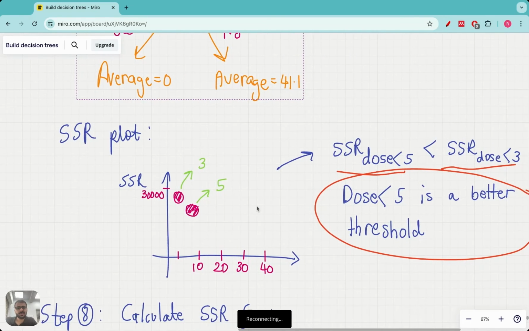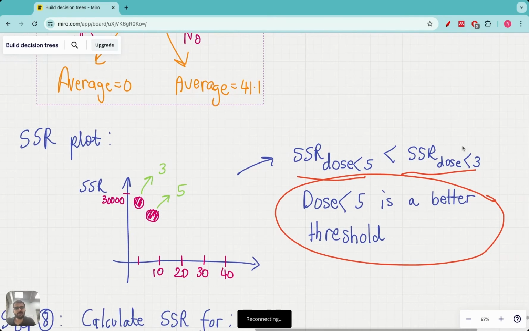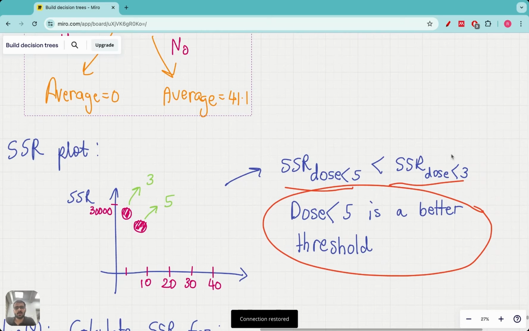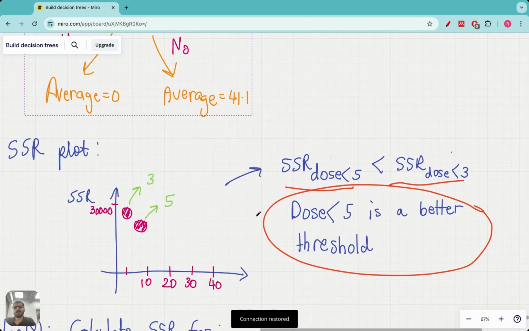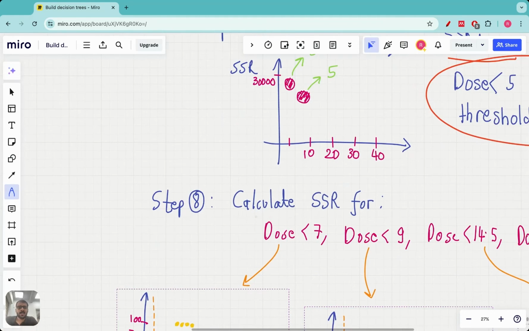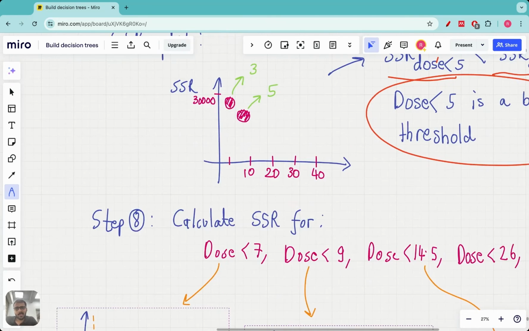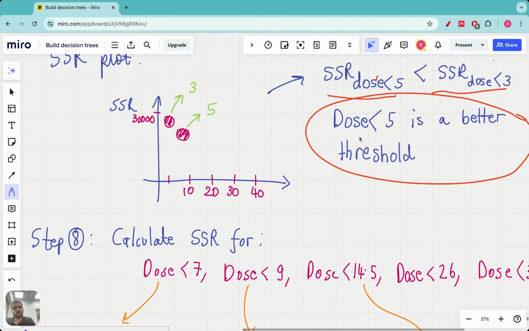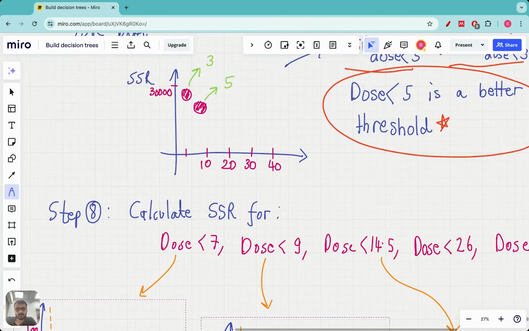This is actually the first indication to us that dose less than 3 might not be a good choice for the root node, and dose less than 5 might actually be a better choice. So this is the comparison for dose less than 3 and dose less than 5. And up till this stage, we have determined that dose less than 5 is a better threshold than dose less than 3.